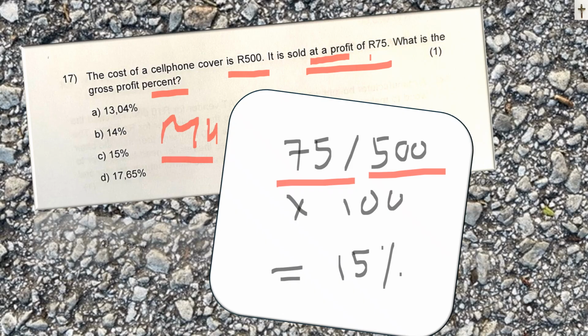Markup divided by cost price multiplied by 100 is 15%. So the markup on the cost price is 15%. What is the gross profit percentage? That is markup on cost price multiplied by 100. And the answer is C.